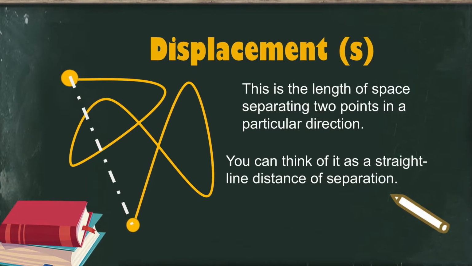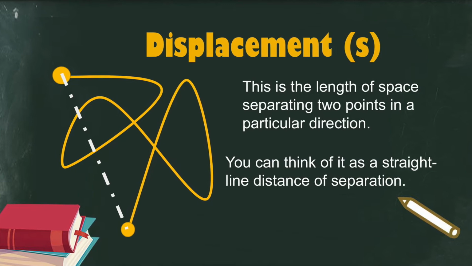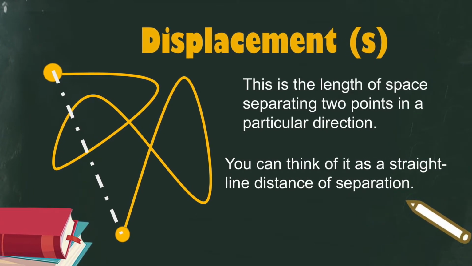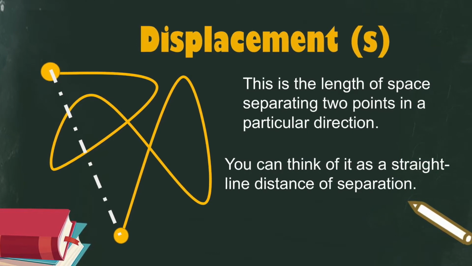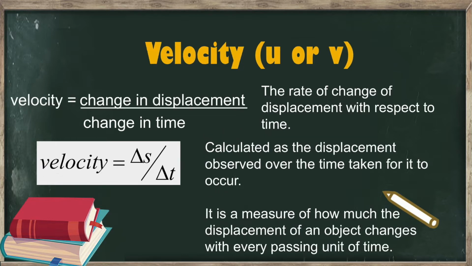You could have gone around the block 100 times, but you would have gone nowhere. So distance is the length of space you travel, but displacement really has to do with how much your position has changed from before. Whereas speed has to deal with how much distance you travel and the time you take. Velocity now is concerned with the displacement that you experience and the time you took for that.